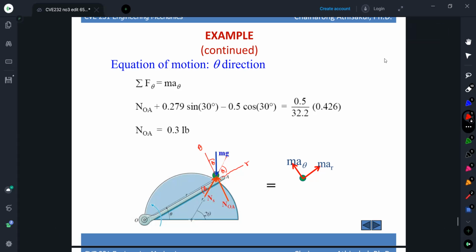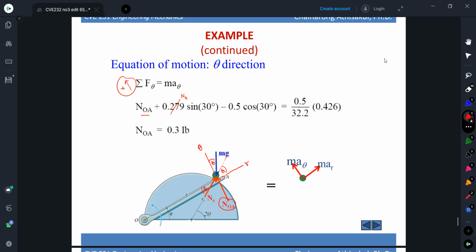When we decompose the force into the theta direction, NOA is already in the theta direction, and it is in the positive theta direction. So NOA is positive, and it is equal to Ns sine 30 degrees.